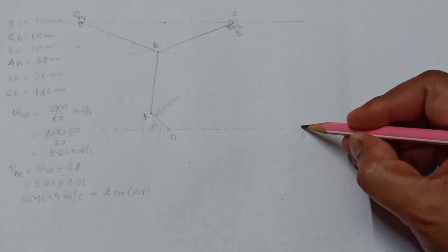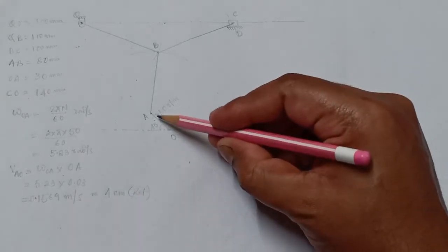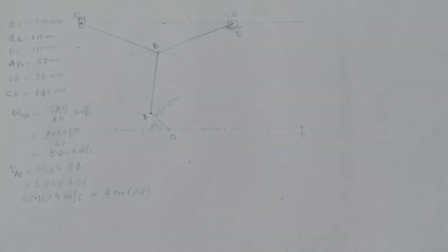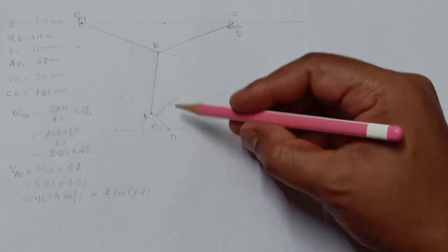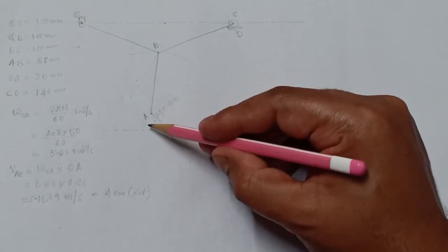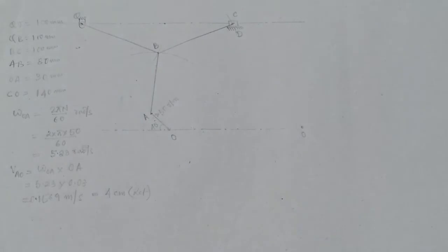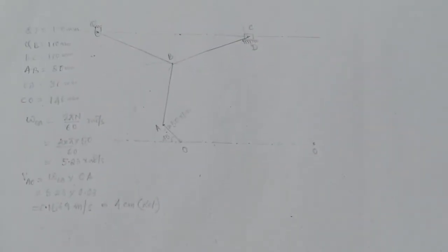Now from this point we will draw a 4 centimeter line exactly perpendicular to this length OA, because for a revolving link, the velocity vector is always located in its perpendicular direction. If it is rotating in the clockwise direction, the linear velocity vector of OA will be perpendicular to the right. If it is opposite, it will be perpendicular to the left. Now let's draw it.